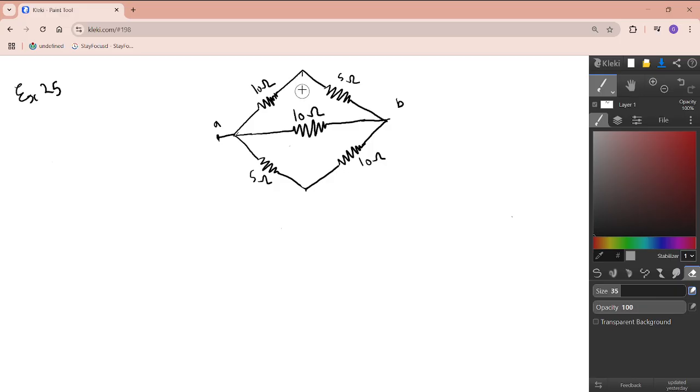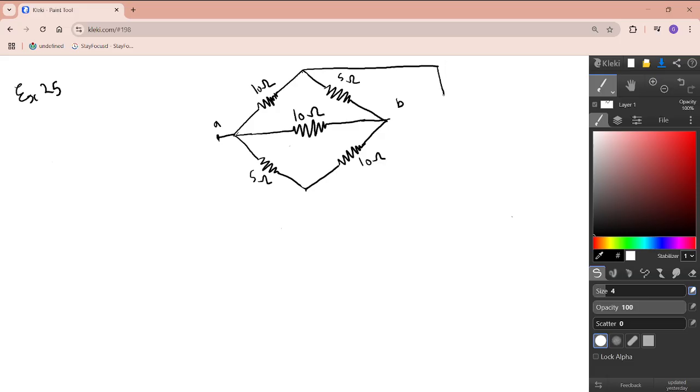These are the remains. And we have taken the vertical thing outside, and it's a 5 ohm wire now.